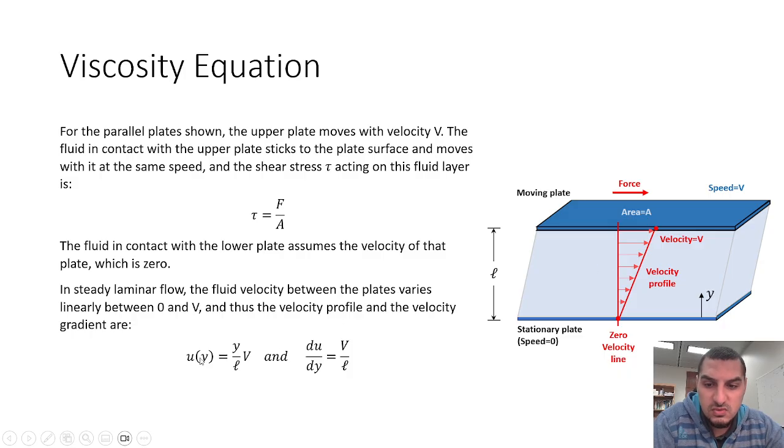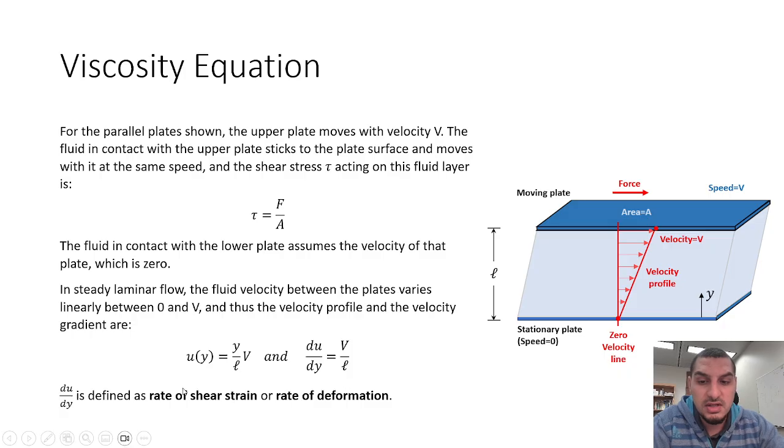So we can write it as u, which is a function of y, equals y over L times v, or we can write it in a differential form, which we like more, which is du over dy equals v over L. So this is how we describe what we call the rate of shear strain or the rate of deformation. This is a very, very common term in fluid mechanics.